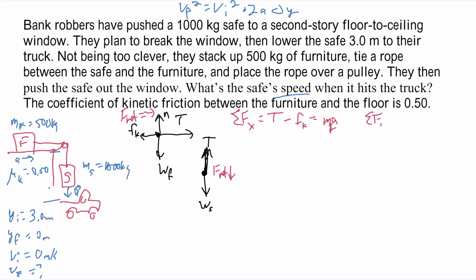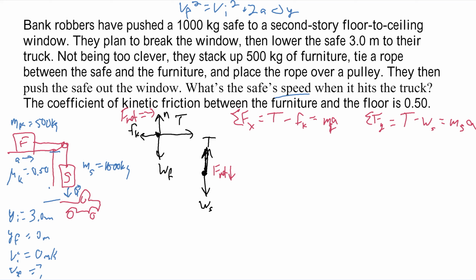You're going to have normal force minus weight for the furniture. So we have tension up minus weight of the safe down equals mass of the safe times acceleration.